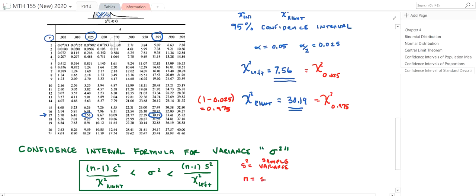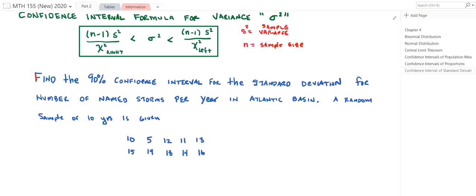N is your sample size. Notice that the degrees of freedom is 1 less than your sample size. So this is actually degrees of freedom here. And then your chi-square values you calculate based on your confidence interval when you come up with an alpha and an alpha over 2 and using the chart. So let me set up an example.